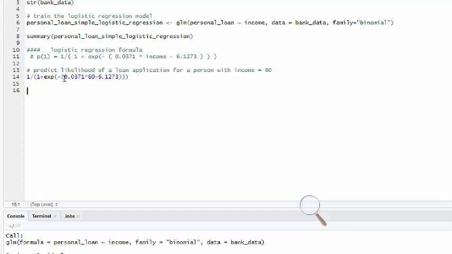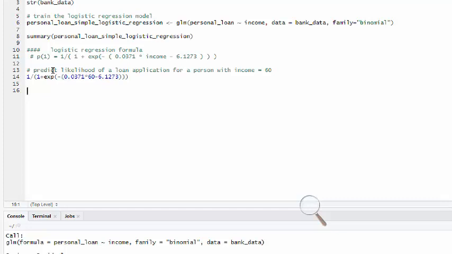Can I do that? Sure, I can do whatever I want. We're going to see what happens if we mess with the default cutoff probability, but as a default, we're going to use 0.5. So this person is not a borrower; they likely will not borrow money from the bank.